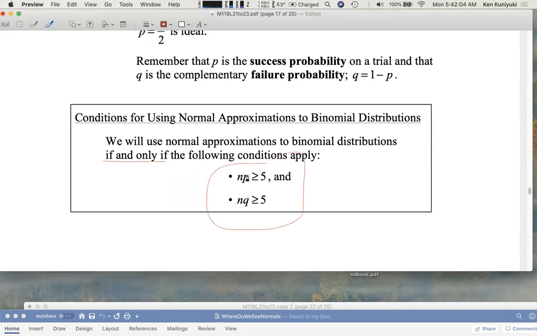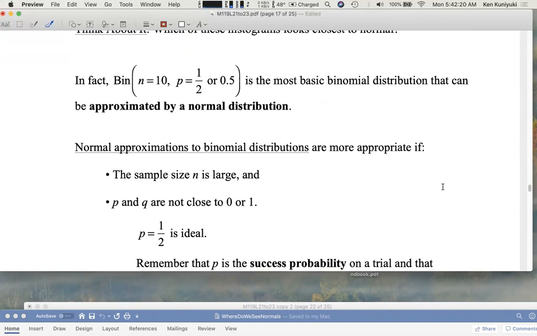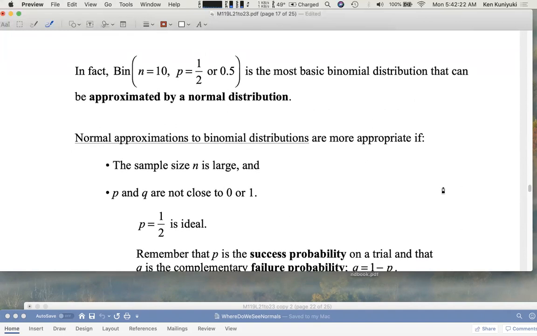If np and nq are both at least 5. Remember that q is 1 minus p. It's the probability of a tail in our examples. Now, why does that make sense? Well, remember that of the 50 distributions that we saw, this was the only one that counted. The binomial, where n was 10 and p was 1/2.